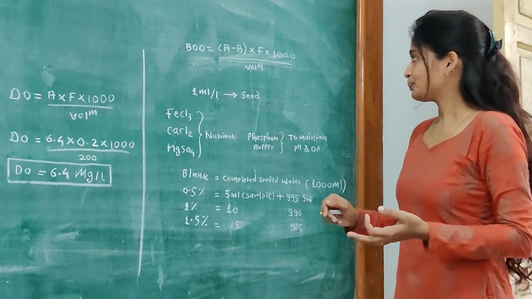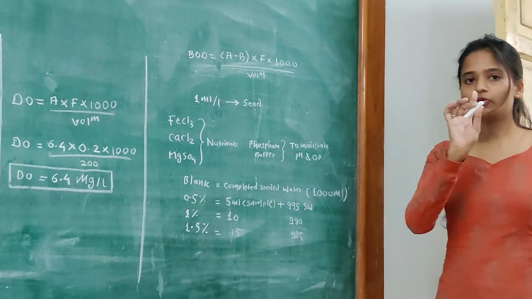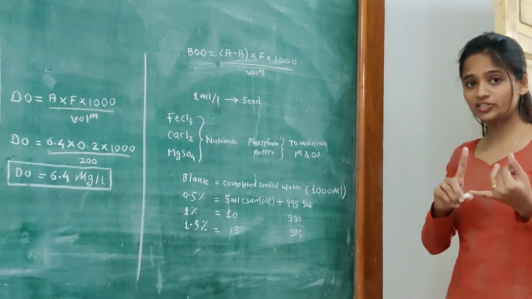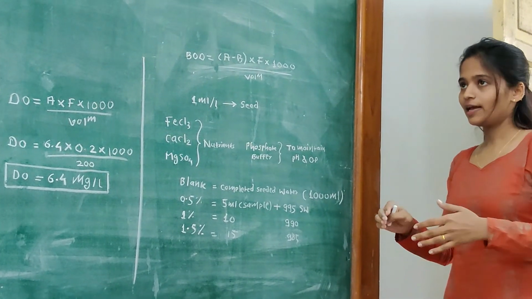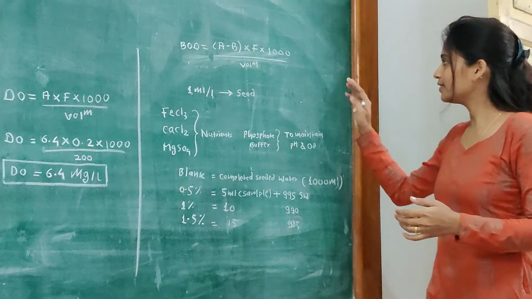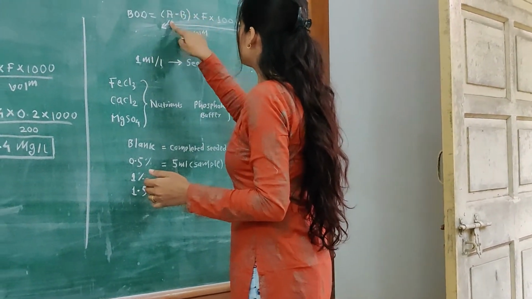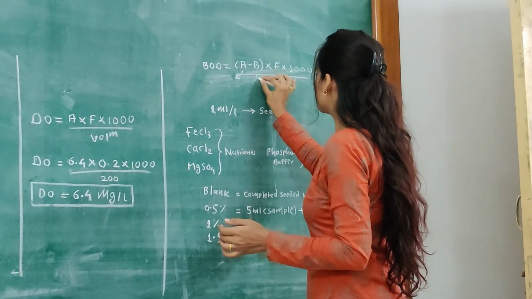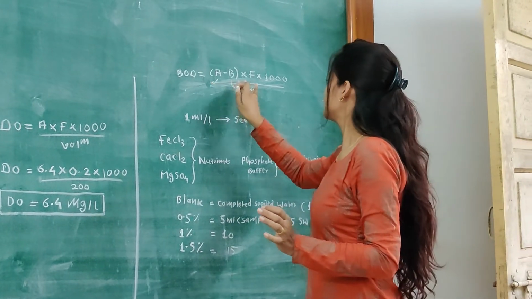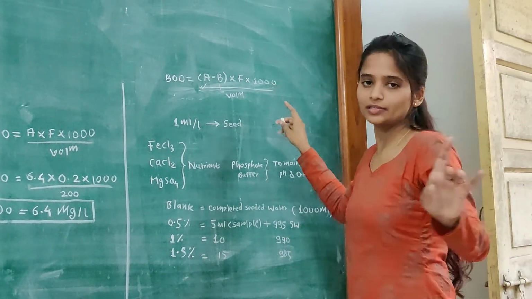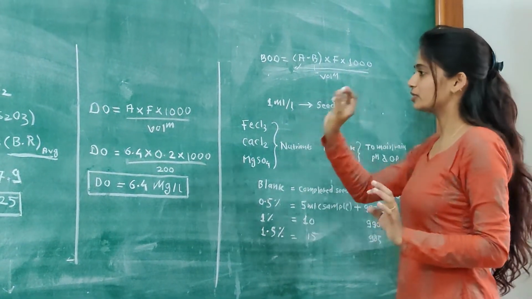So we will calculate the DO of each and every bottle, take the average reading of the blank and the average reading of your samples, and calculate DO by using the same formula.